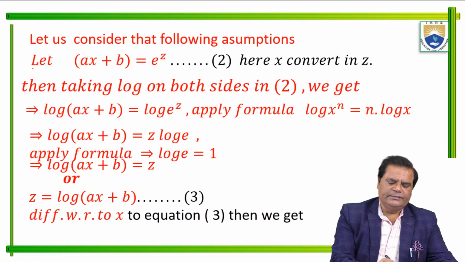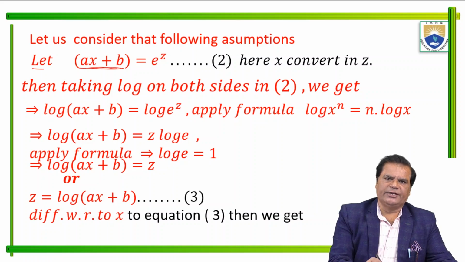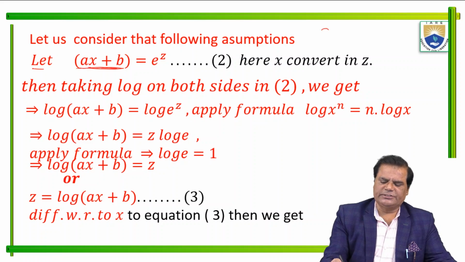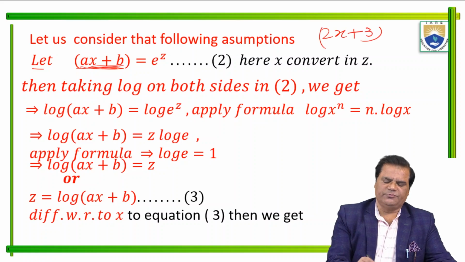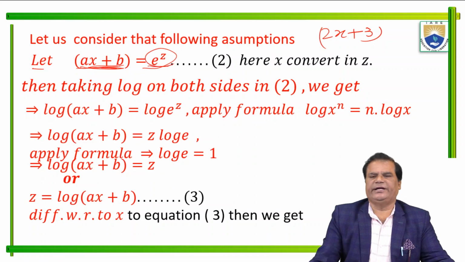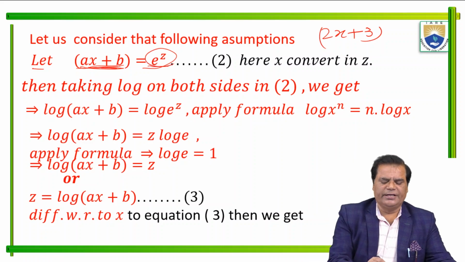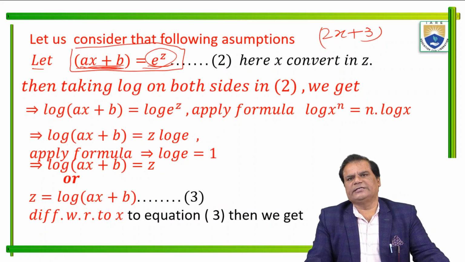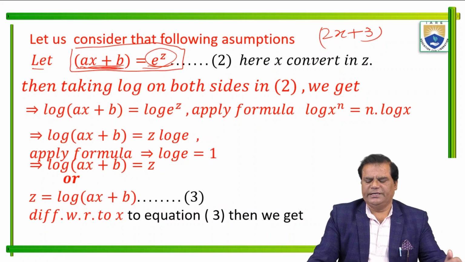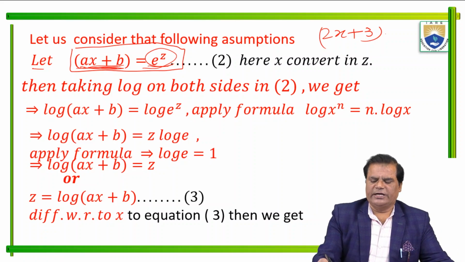So here let ax plus b, this is a linear expression, like 2x plus 3. Let ax plus b equal e to the power z. We are considering this function. Suppose in our question it is 2x plus 3, then 2x plus 3 is equal to e to the power z.